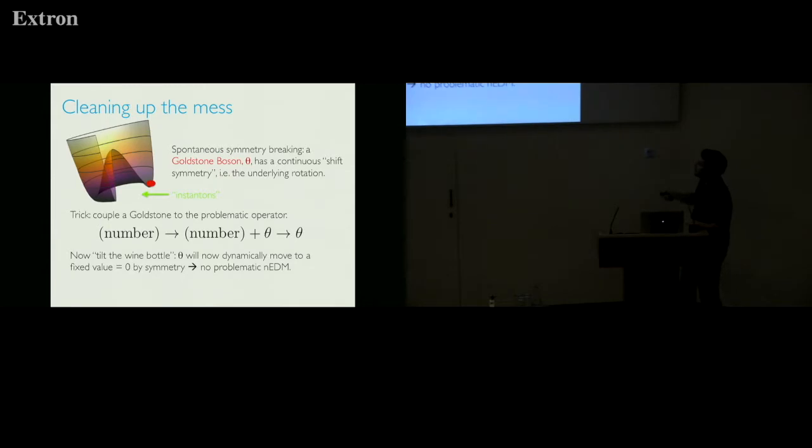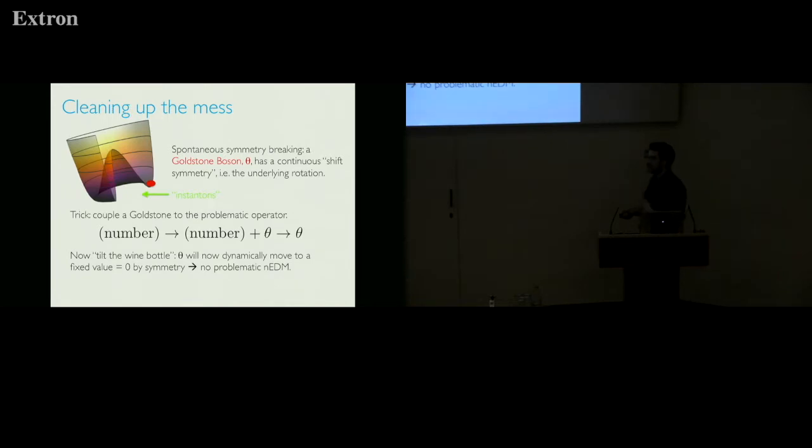Then we tilt the wine bottle. What does this is some object called an instanton, some quantum mechanical effect. But this tilts the wine bottle. And now, although you've got this field theta, it now has a preferred location. And thanks to symmetry, this preferred location is 0. It's a symmetry. This restores a symmetry of the action, so it's preferred.